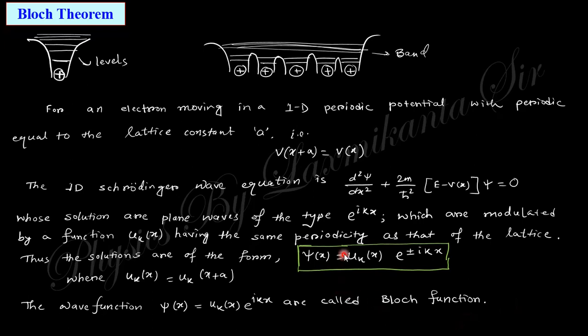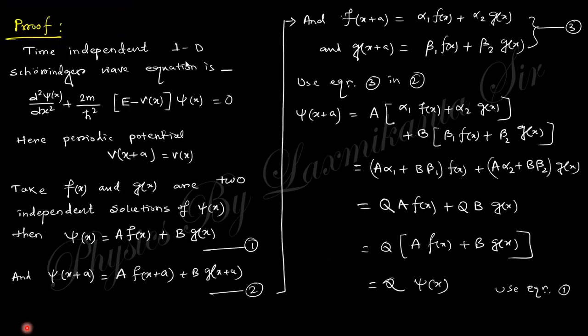The Bloch theorem says that the total wave function is this periodic part times e to the power plus or minus ikx. So this is the Bloch theorem. This can be derived as follows. You can see this is the one dimensional Schrodinger wave equation. Since the potential is periodic, you can take two independent solutions, f of x and g of x.